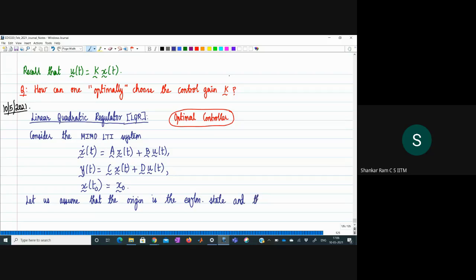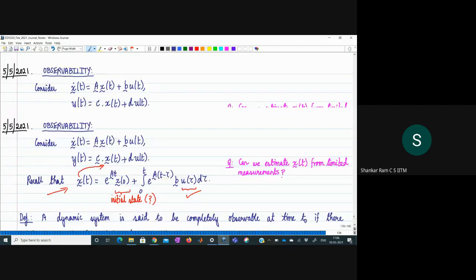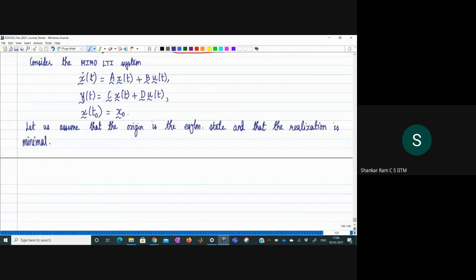What do we mean by a minimal realization? A minimal realization is one which is both completely controllable and completely observable. So we assume that the origin is the equilibrium state, and that the realization that we are dealing with is a minimal realization.